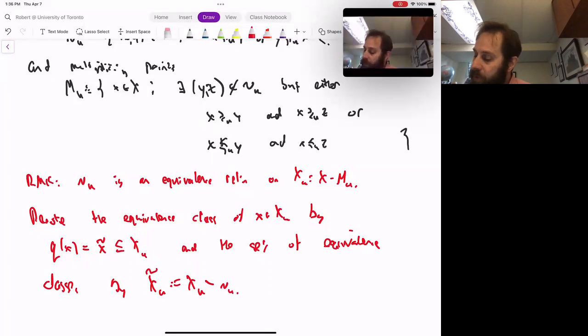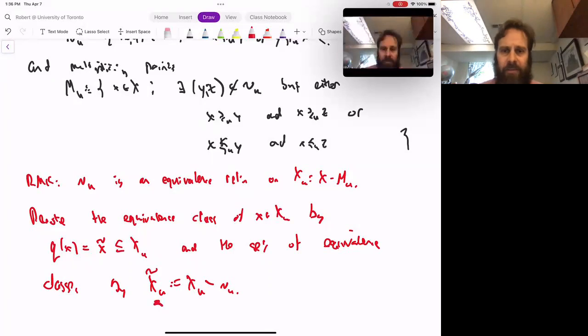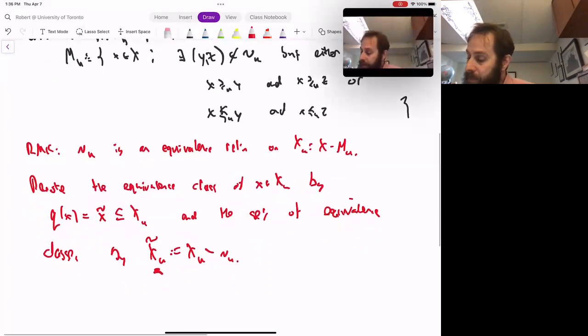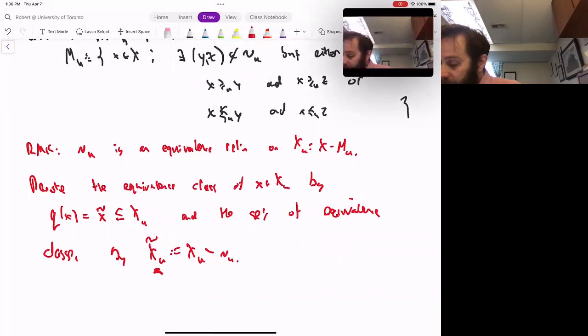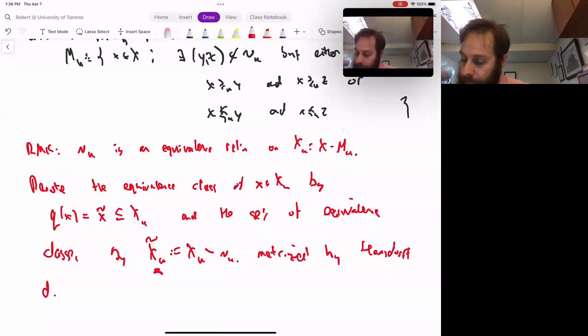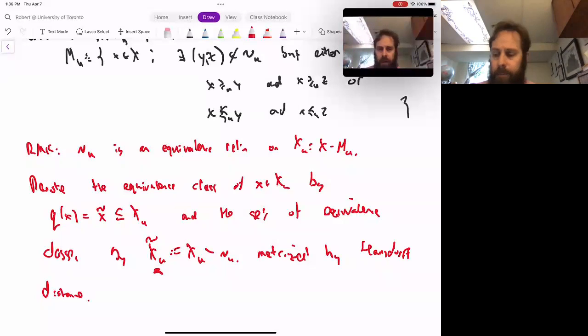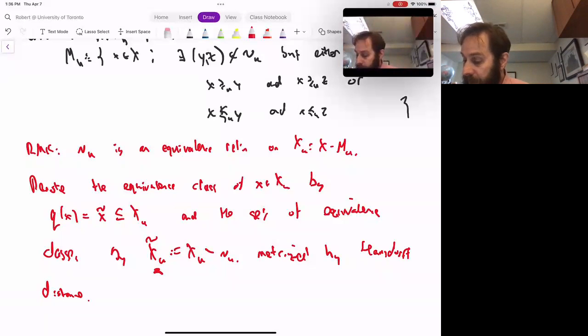Then thinking of these equivalence classes as being subsets of X, I can metrize that by the Hausdorff distance, and then it becomes a Polish space.